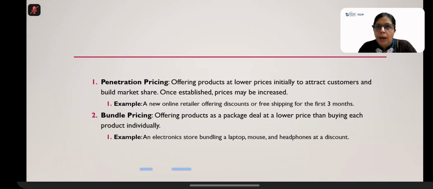So when you buy two or three related products together and prices come down, that is known as bundle pricing. For example, electronic stores bundling a laptop, mouse, and headphones at a discount. So if along with a laptop you are buying headphones also, you are buying a mouse also, they will give you a discount on it.